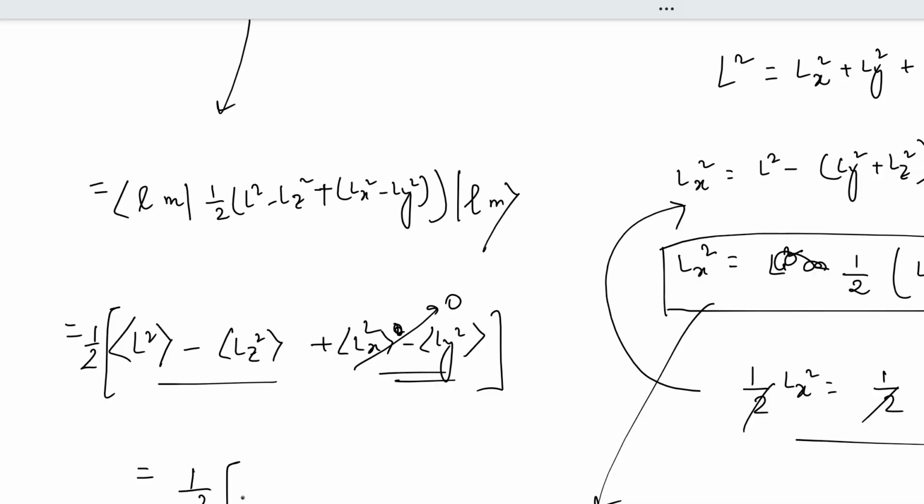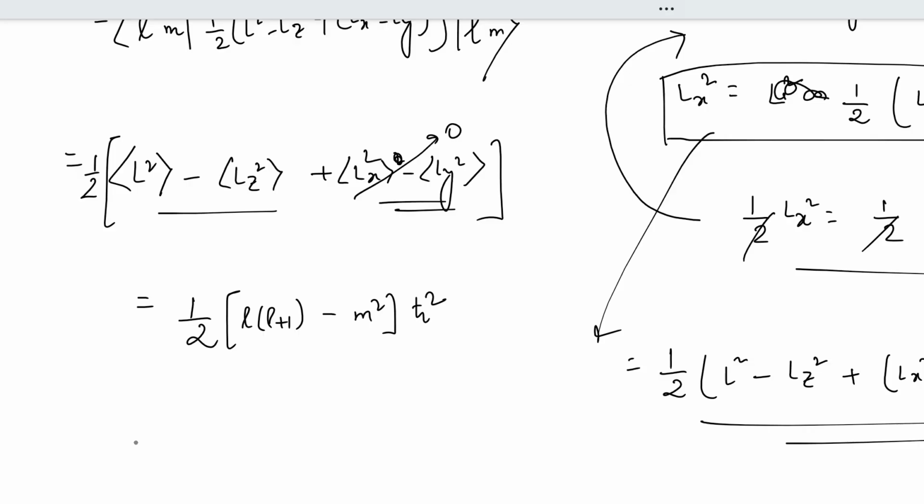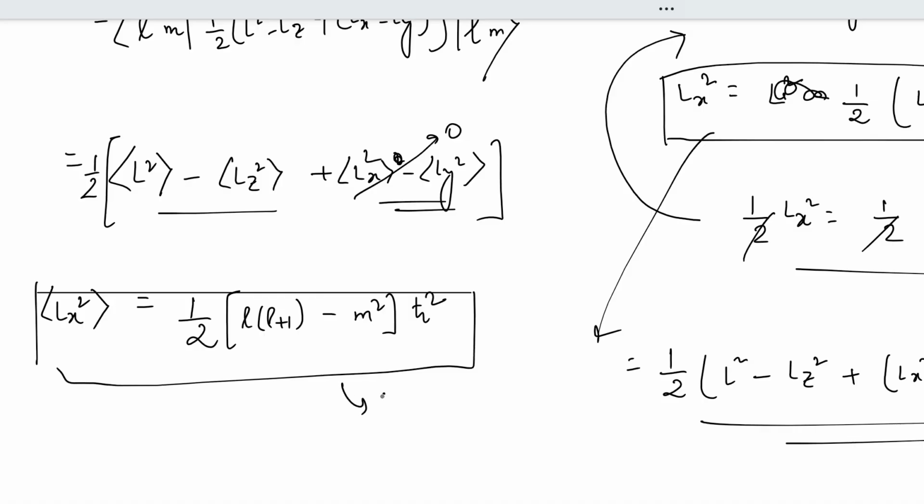So this is half L into L plus 1 minus m squared h cut squared. So Lx squared you are getting as half L into L plus 1 minus m squared h cut squared. This is your answer.